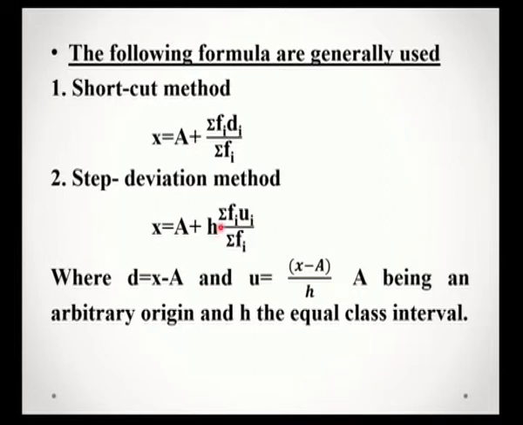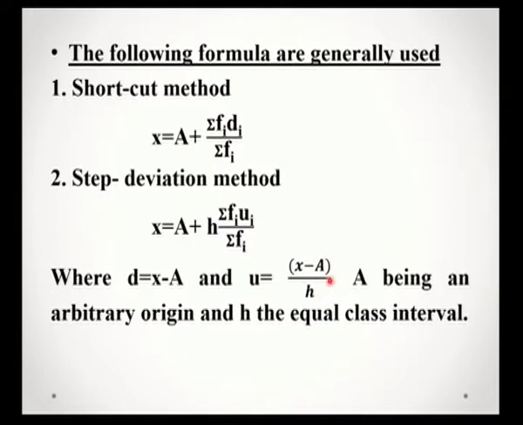Then other than that class interval, one more term appears here in the step deviation. That term is u, where u is equal to x minus a over h. You know, x is the particular variable and a is an arbitrary origin, then h is the equal class interval.